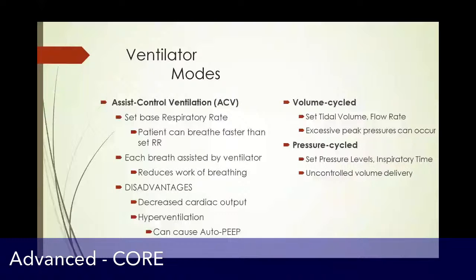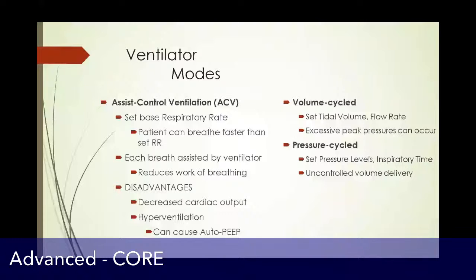So with assist control ventilation, you are going to have to set certain parameters. You're going to set the respiratory rate. The patient is allowed to breathe faster than that, and each breath that they try to initiate, the ventilator will help them.